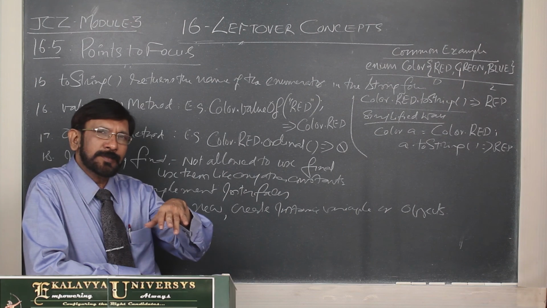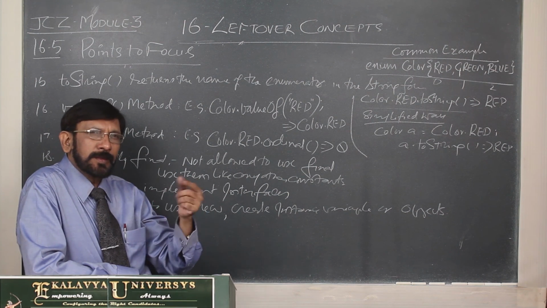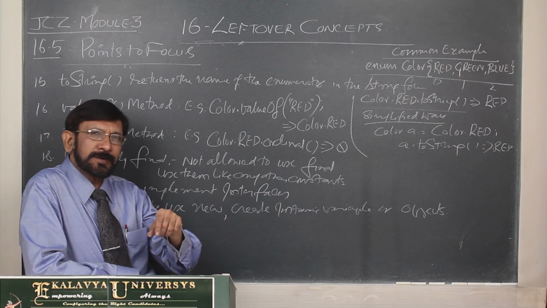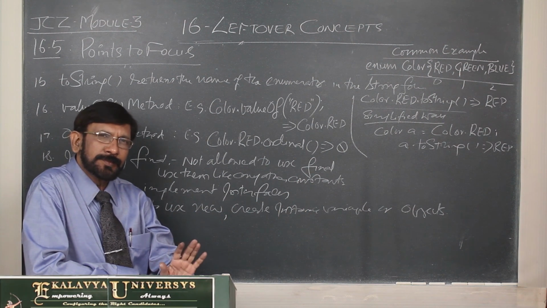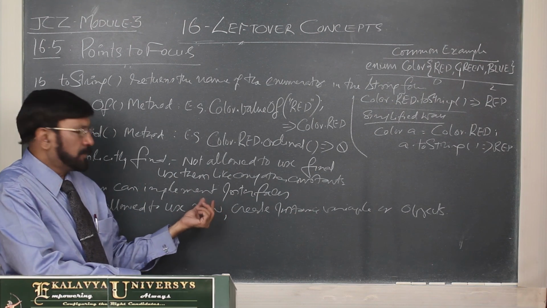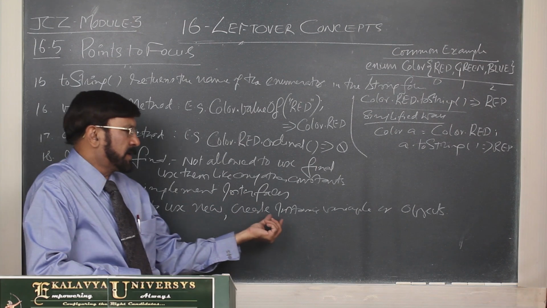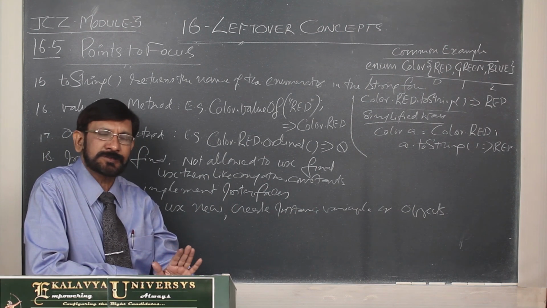For creating instances, objects. So, if you cannot create an object, what is the use of an instance variable? That is why in an enum specifically you cannot use new, you cannot create instance variables, you cannot create any objects.